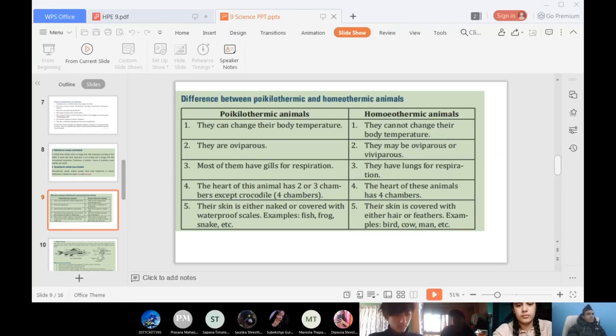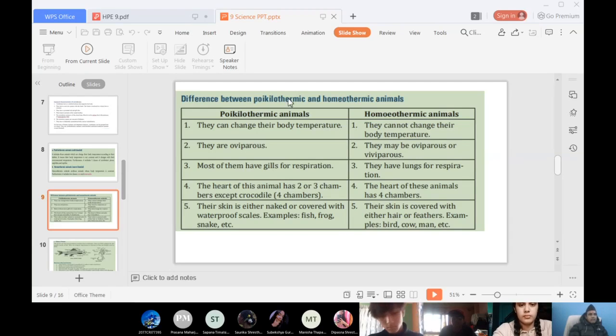Next difference you can say, their skin is either naked or covered with waterproof scales. Poikilothermic, skin is either naked, not covered, or there may be presence of waterproof scales. But in case of homothermic, the skin is covered with hair or feathers. Like hair is present in Mammalia and feather is present in birds or Aves.